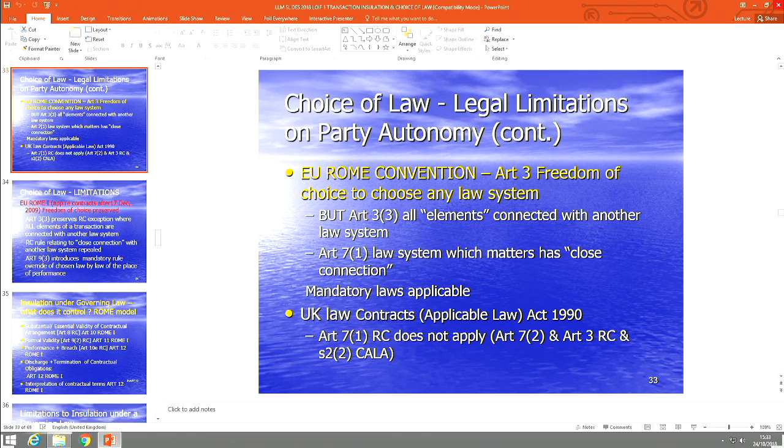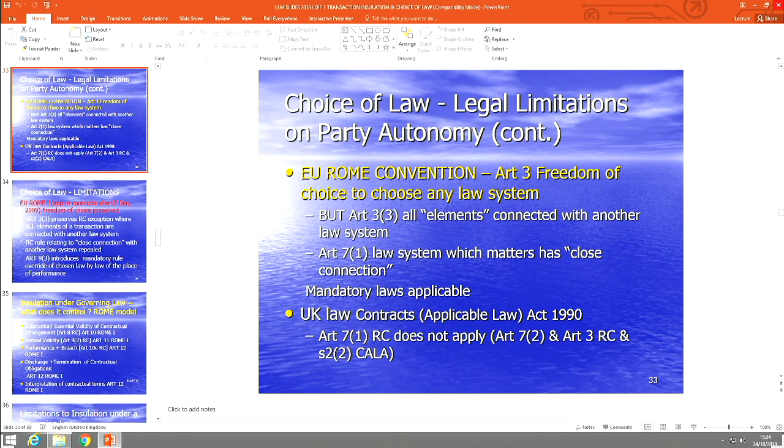Article 3.3, which is very similar to the provision in the Rome regulation, namely, if all of the elements of a transaction are connected with a single law system, then that law system will apply. And as you should know, that doesn't apply for purposes of transactions in this class. These are all international transactions. By definition, they're not tied to one country or law system. But there is another one, and this is really important for transactions prior to 2009.